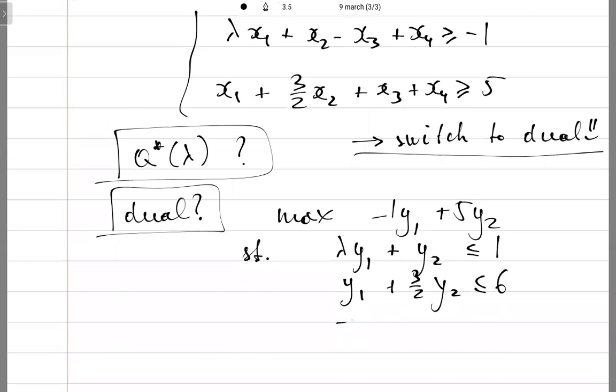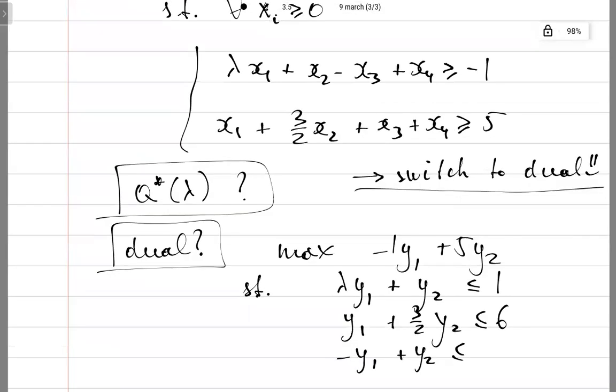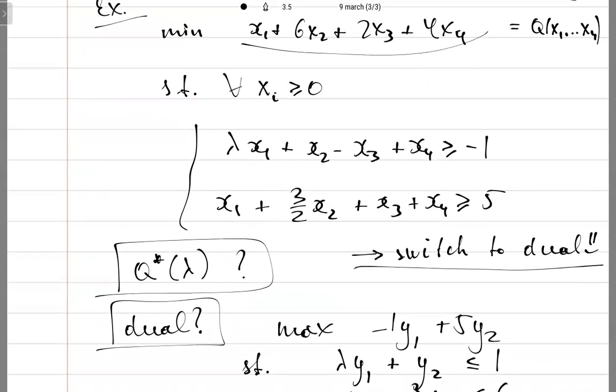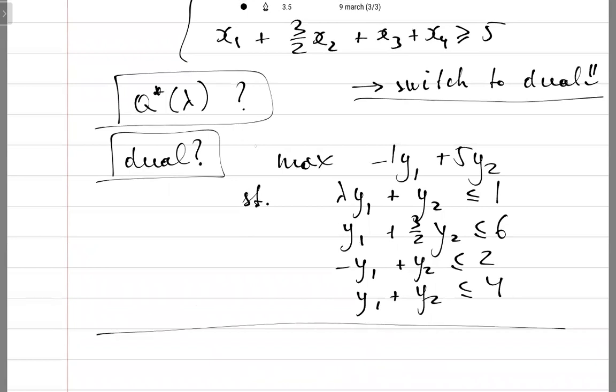And then analogously. Any questions on how to switch to the dual problem? So the first step is done.